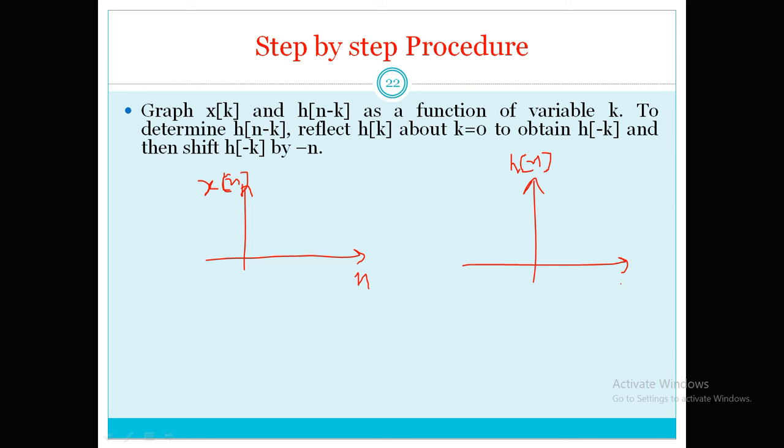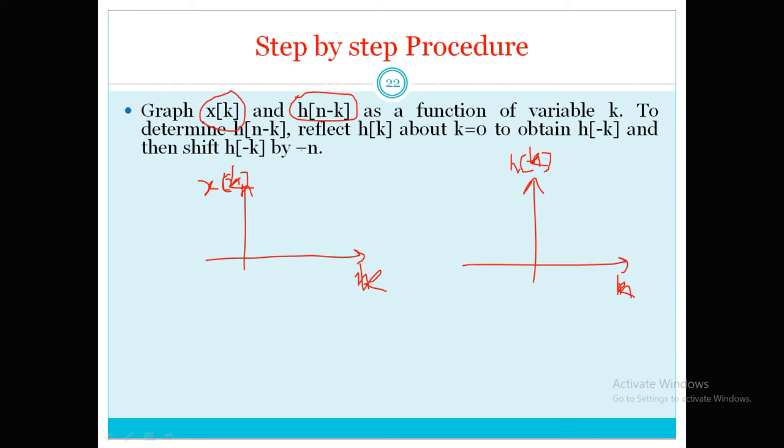This is h of n and this is n. So the first step is I need to represent them in terms of k. First let me change this part into k, and this part also into k. Very simple concept.